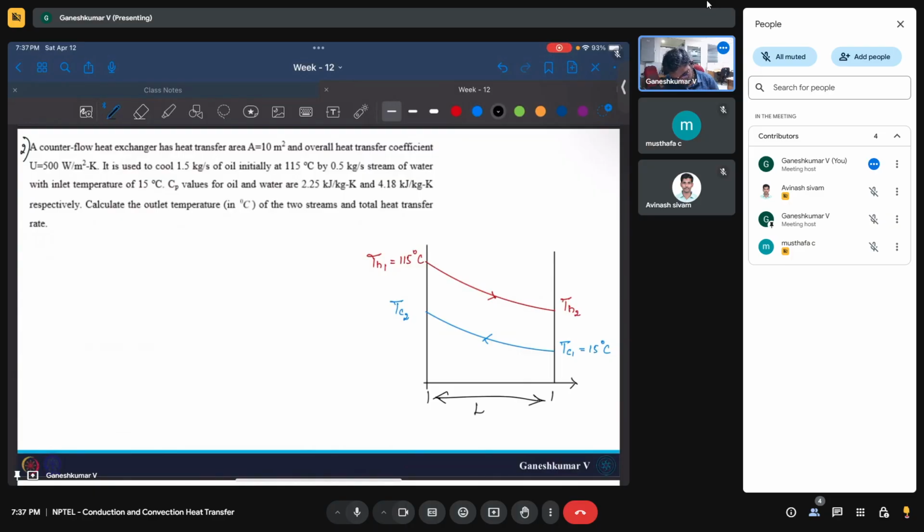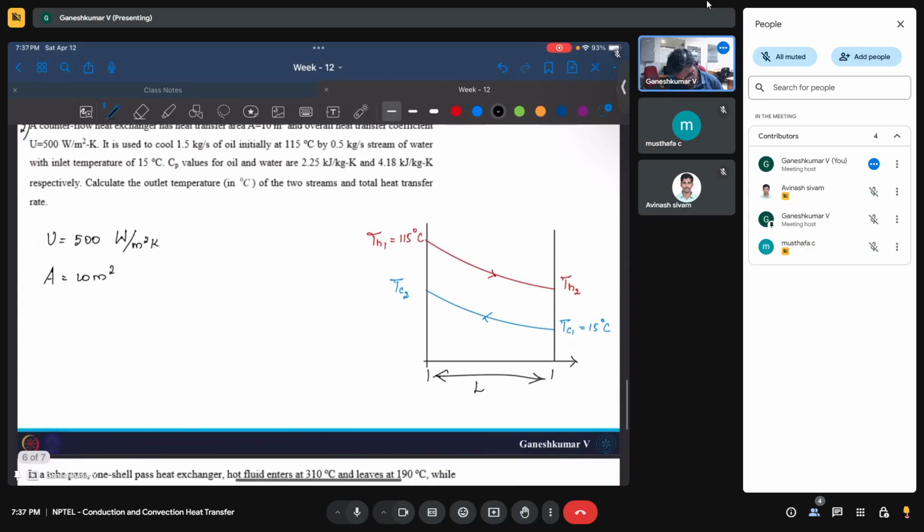The other parameters: U, the overall heat transfer coefficient, is 500 watt per meter square Kelvin, and the area is 10 meter square. What else is given? M dot H and M dot C are given.